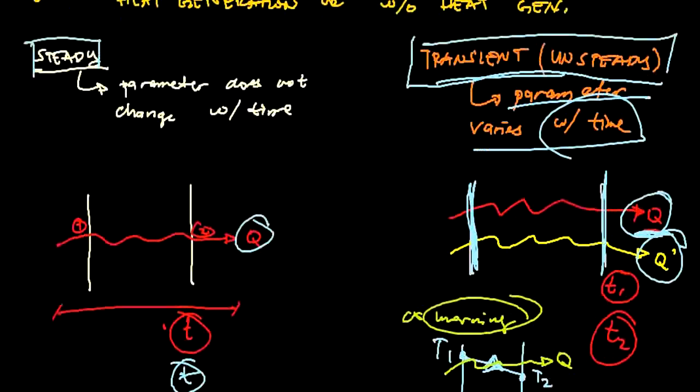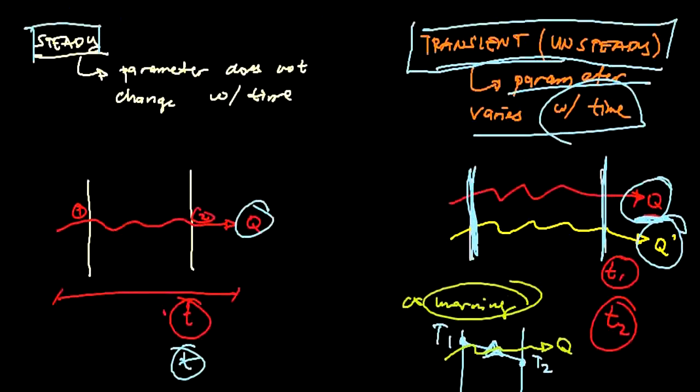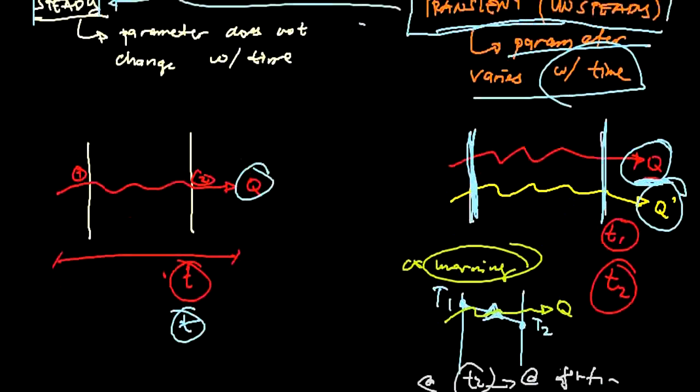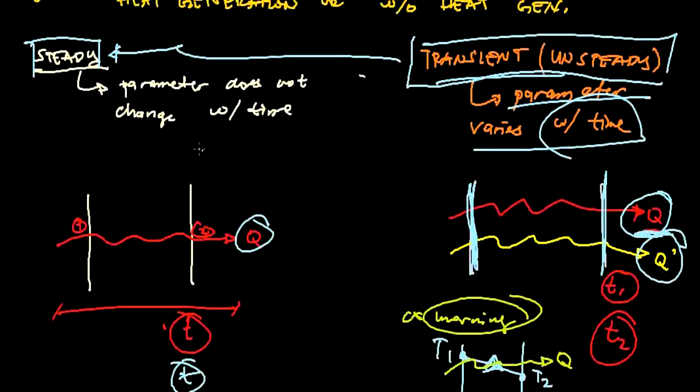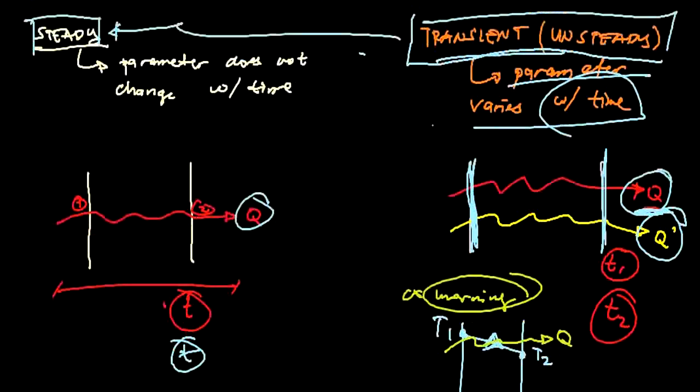Okay, but for analysis and simplification of mathematics, we usually use the steady state condition to analyze the heat transfer problem easily. Once again, we have two conditions, the steady and transient heat transfer.